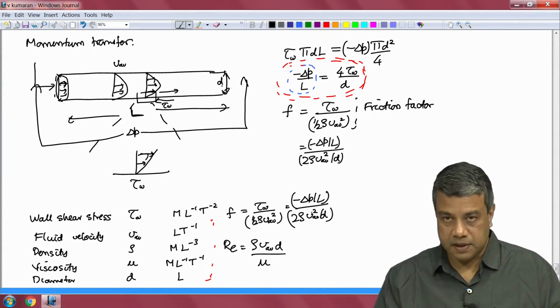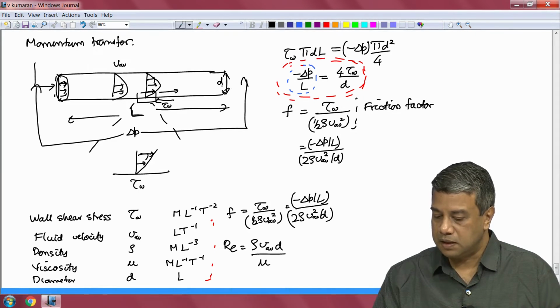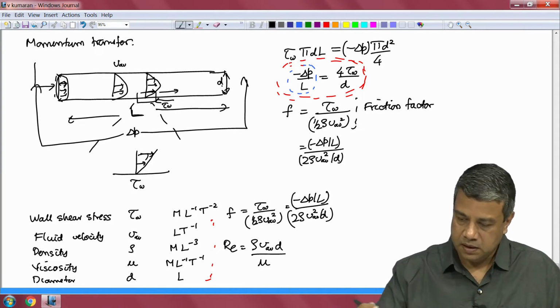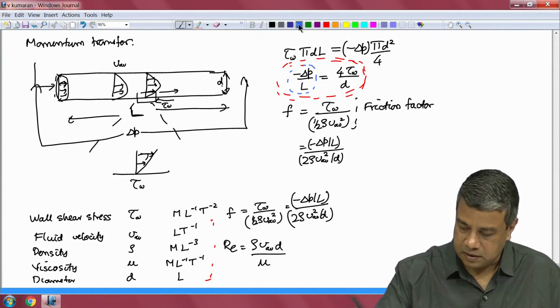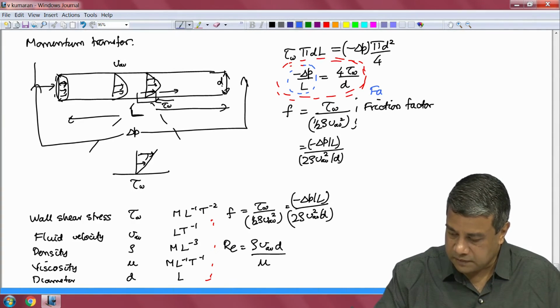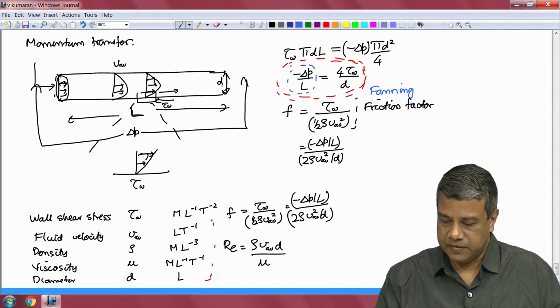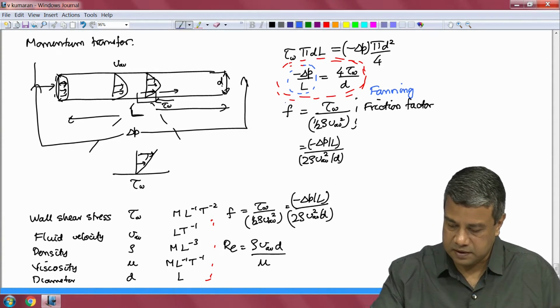That is the dependent dimensionless group, and the Reynolds number is the independent dimensionless group. Important point to note here: this definition is what is called the Fanning friction factor.